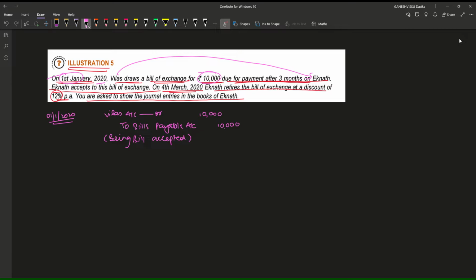Eknath is retiring the bill of exchange at 12% per annum on 4th March 2020. I think there is a similar date here also.